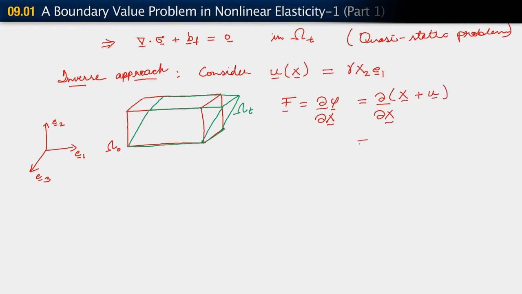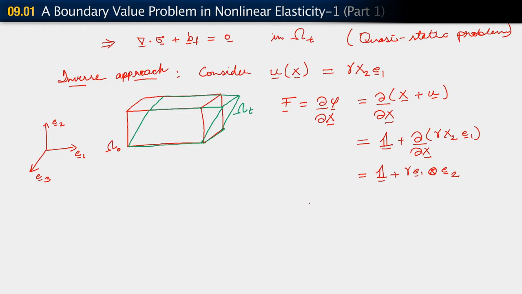So when we go through with this, we have the isotropic tensor plus the derivative with respect to x of that displacement field we are considering, which has the form gamma x2 multiplying E1. By now we are quite expert at carrying out that type of differentiation, and what we get here is gamma E1 tensor E2. That is F.